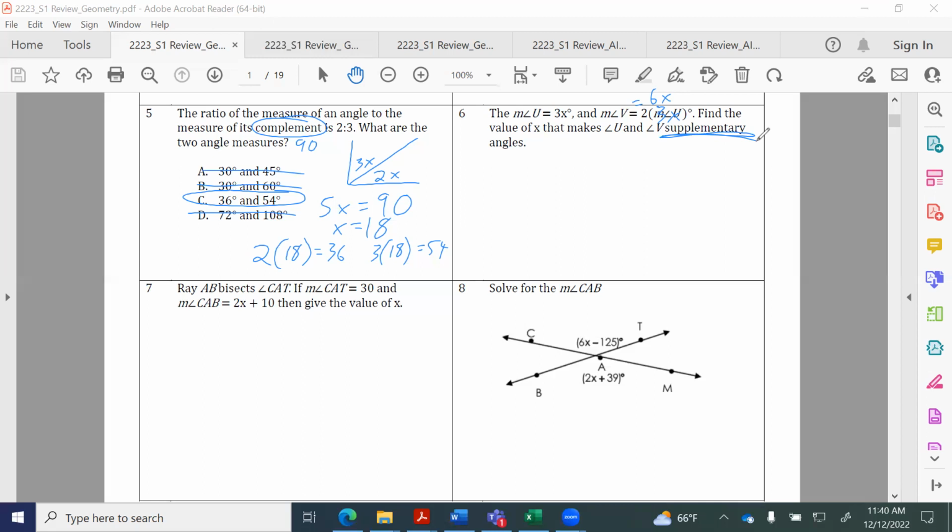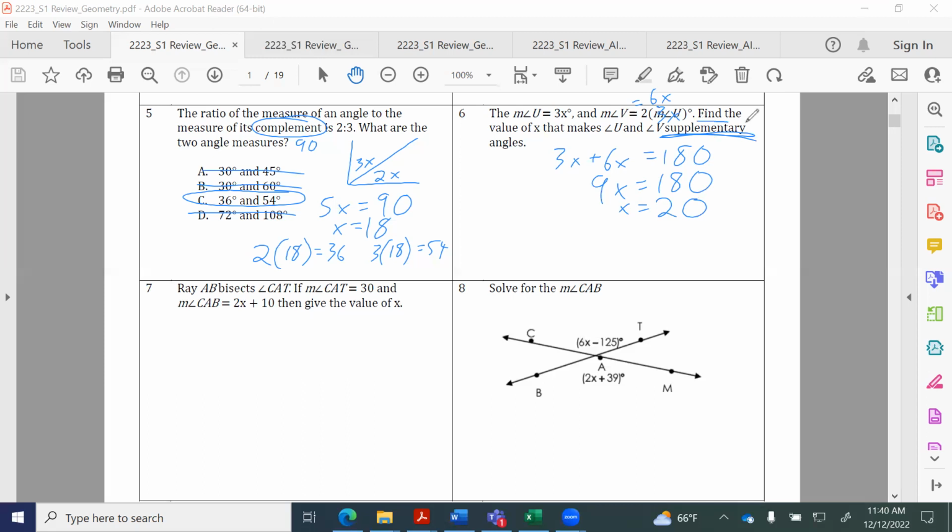So I'm taking the 3x and the 6x, adding them up. 3 and 6 is 9, right? So we got 9x equals 180. Divide by 9, and x is what? 20, right?